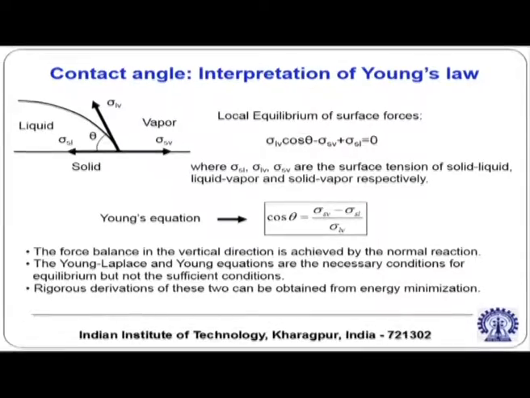Now, there is a very interesting question. There are a couple of interesting questions, but let me first pose the first one. We have discussed a condition of equilibrium, or derived a condition of equilibrium, by considering the horizontal force balance.